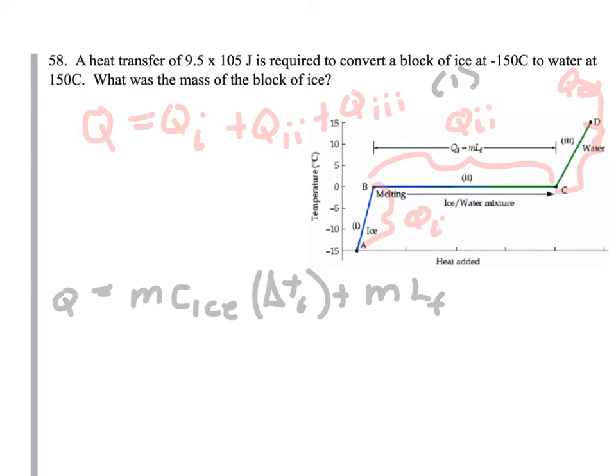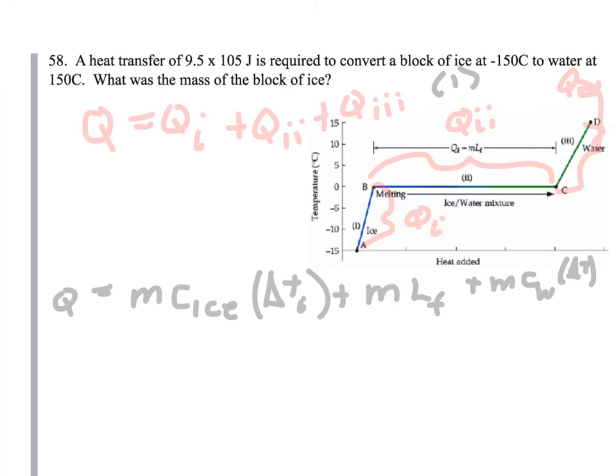And then the last part from C to D is back to our specific heat again. And now we want the specific heat of water. And then we're, of course, looking at that temperature change right there.